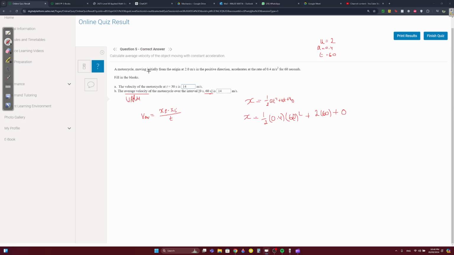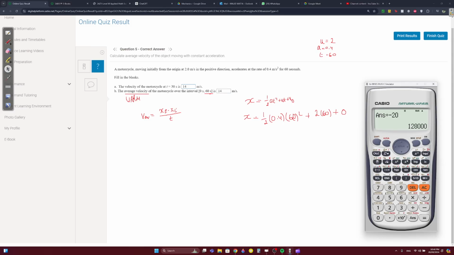You're going to get 0.5 times 0.4 times 60 squared plus 2 times 60, which is 840. So x is 840. Since x initial is 0, it's fine.